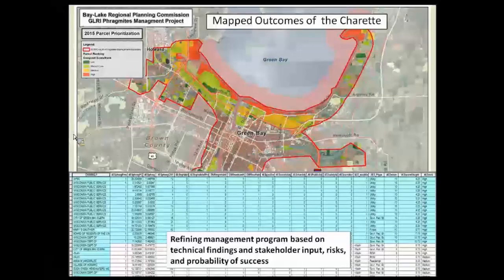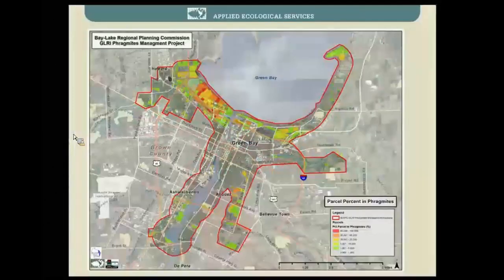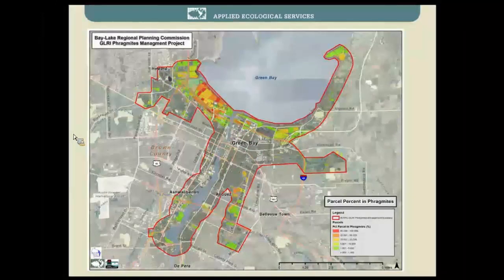This is then used for refining the management program. And that management program might start with some of the typical measures of the risk, and in this case, the biological cover of Phragmites as a percent cover, might help refine where you go under that high, medium, and low and begin the work.